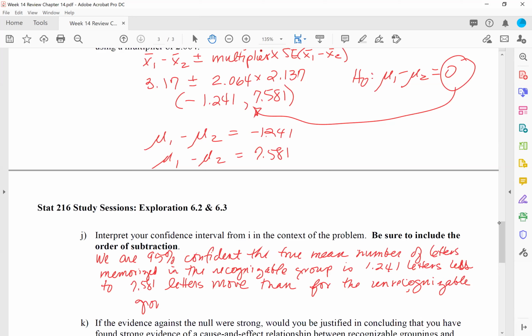Does that make sense? How we're putting in that order of subtraction there? Yep.